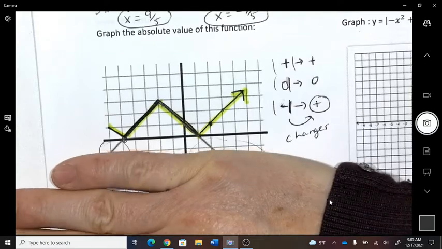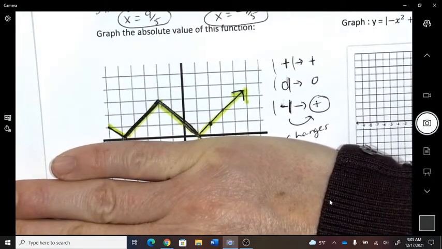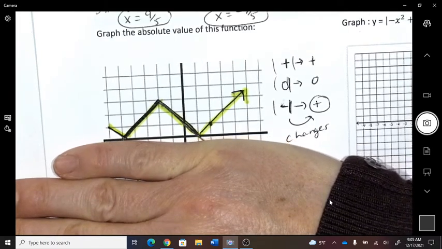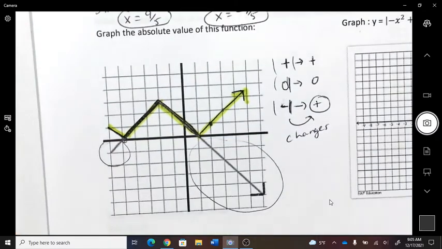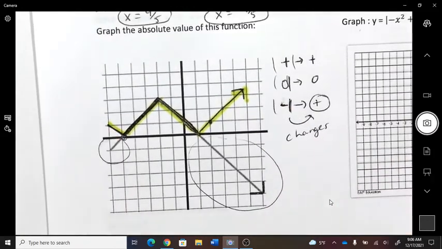Let's see. So there's my final graph. That's what my graph would look like. Okay, did you also notice that on one end I had an arrow, one end I didn't? That's because that's what was the same with this graph. This had an arrow, so I have an arrow. This doesn't, so this doesn't. Okay, so that's a place that I would say would be a communication error.